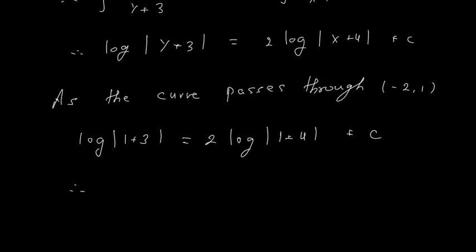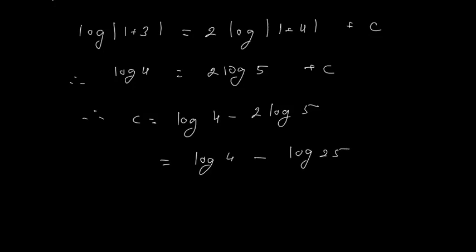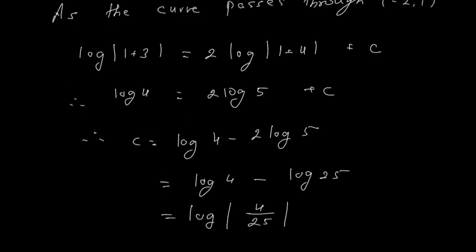So this is log 4 = 2 log 5 + c. Therefore c is equal to log 4 - 2 log 5, which is equal to log 4 - log 25, which is equal to log(4/25). Now this is the value of c.